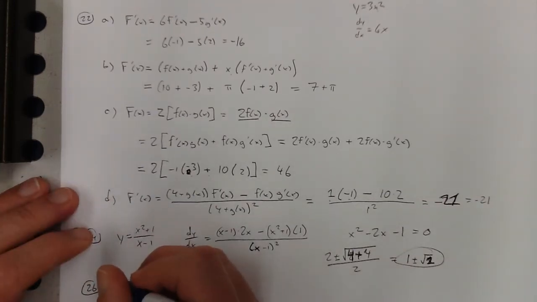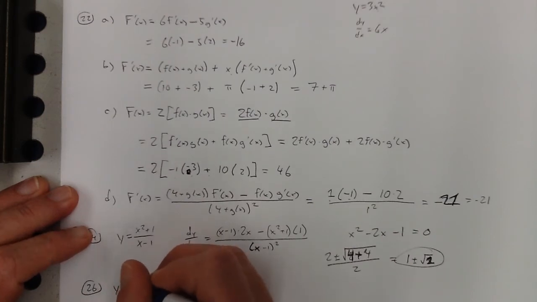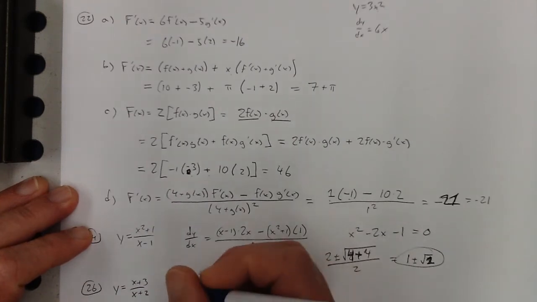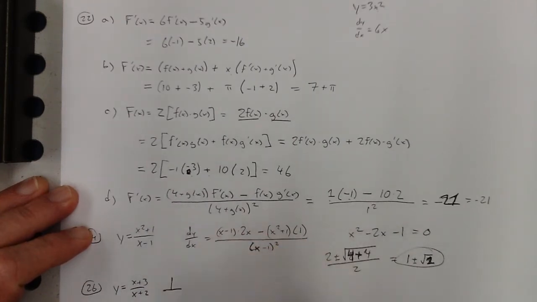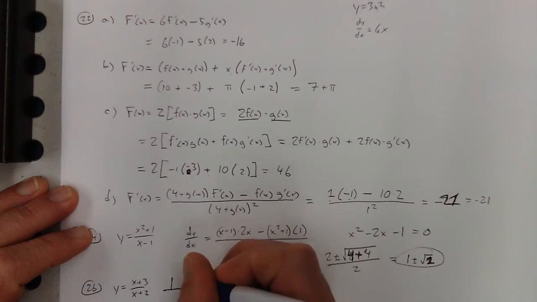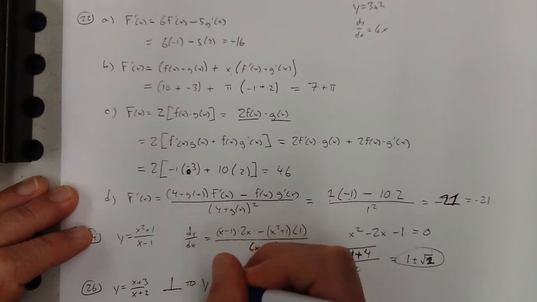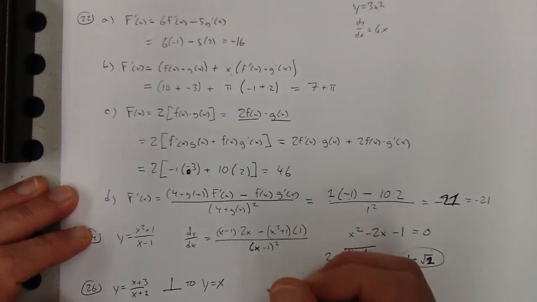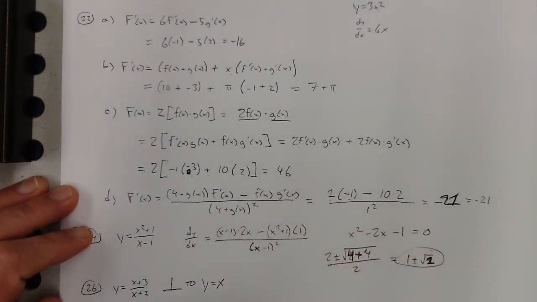Now I've got this y is equal to x plus 3 over x plus 2, and I want it to be perpendicular to, remember that symbol from geometry, perpendicular to the line y equals x. So in other words, it has to have a slope of 1. So find the derivative, set it equal to 1.